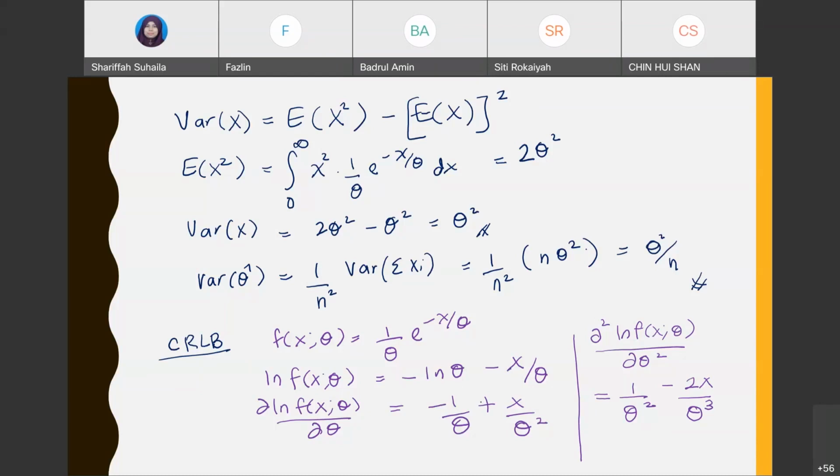Okay, differentiate second time. So kita ada theta to the power minus 1, differentiate, you get 1 over theta squared. And this one gives you minus 2x over theta cube. Okay, now kita ambil dia punya expected value.